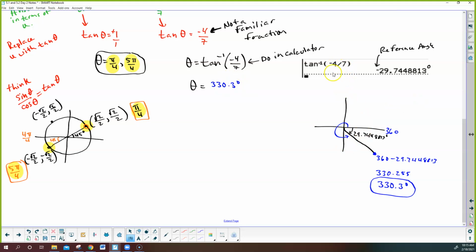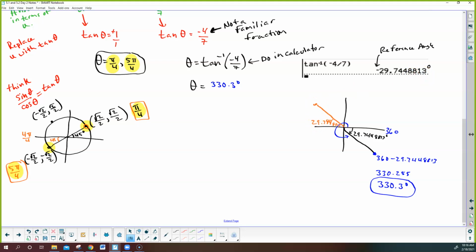But where else is tangent negative? Well, tangent was positive in quadrants 1 and 3, so in quadrants 2 and 4, we know tangent's going to be negative. So I'm just going to reflect this over the other direction, and I'm going to create a reference angle of 29.74488813.